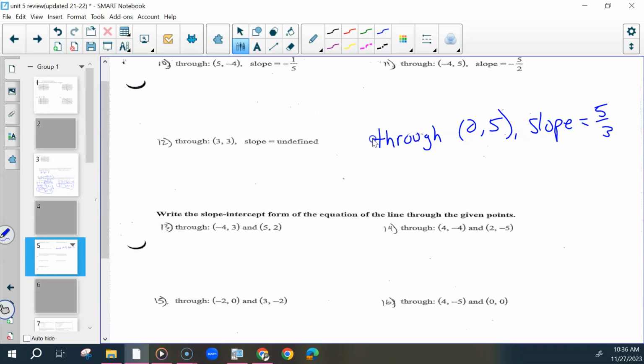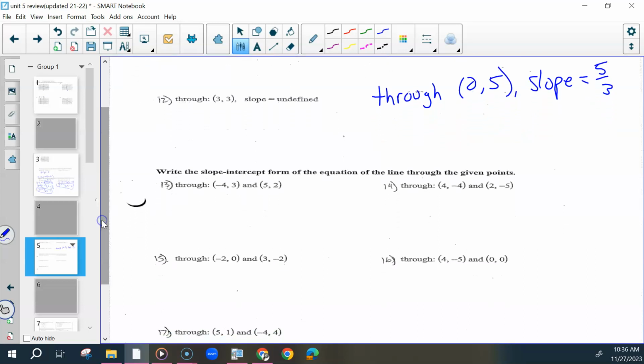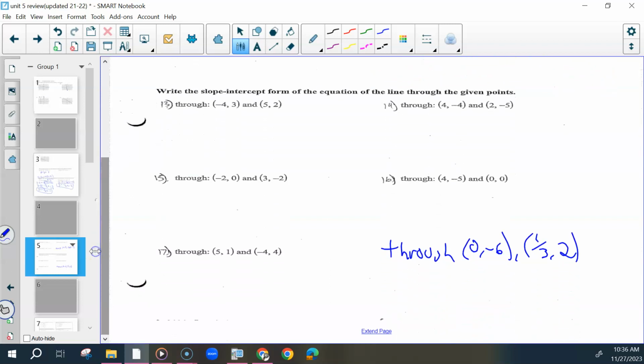Completely just made this up, so we're going to work it out together. And then there's one other in the blank space. Making this up. We're going to try that out together.